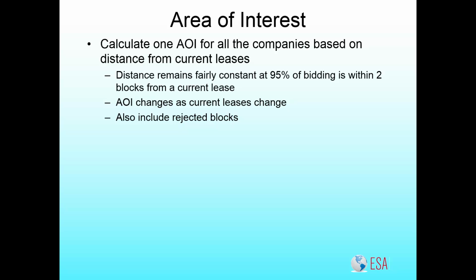So we said, hey, let's limit it to that, and we're going to be able to take into account at least 95% of the bidding already. And so this AOI will change as the current leases change, from sale to sale. And the other thing we always make sure is we include rejected blocks. So even if someone had a bid way out in the frontier and it was rejected, we also include that in our area of interest, mainly because we know that blocks in the area are likely to be bid on again.